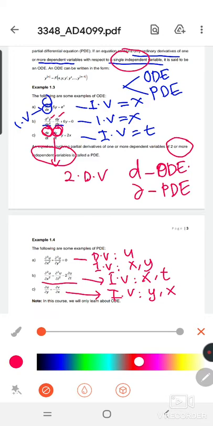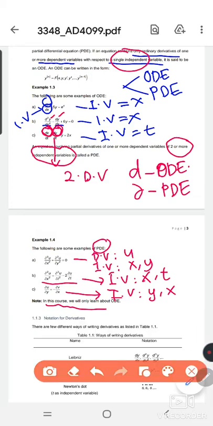Kalau dia guna simbol delta, so this one is PDE. And then another one, you can check the number of independent variables. Kalau dia more than one, so dia adalah partial differential equation. Yang atas ni tak kisah berapa yang dependent variable, but independent variable more than one. Okay, so in this course, we will only learn about ODE. So we just focus on ordinary differential equation.